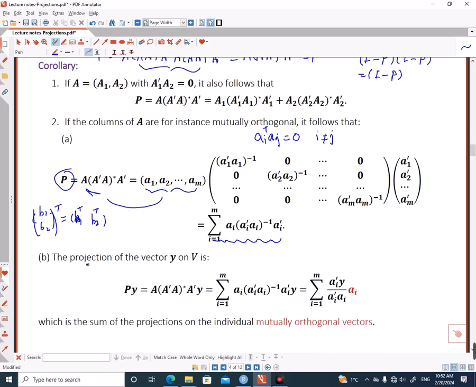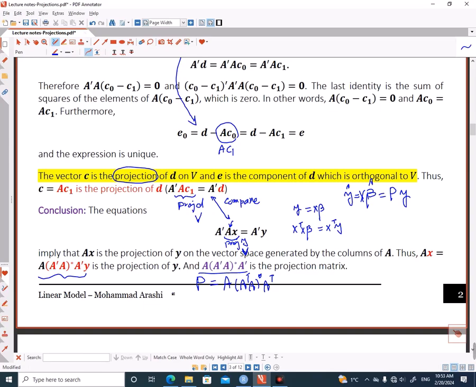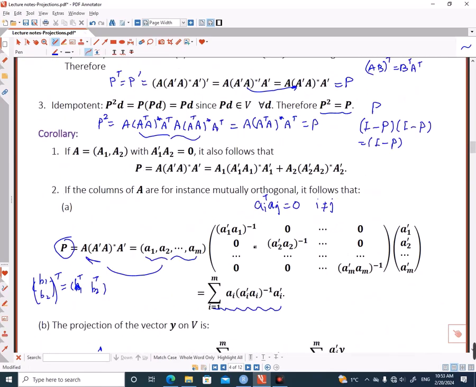Now once again, remember the estimate of the linear model, y hat, is equal to Py. We discussed it in the previous video.